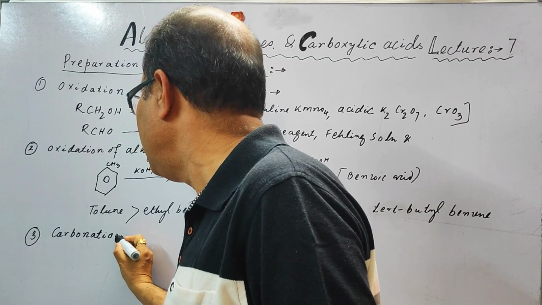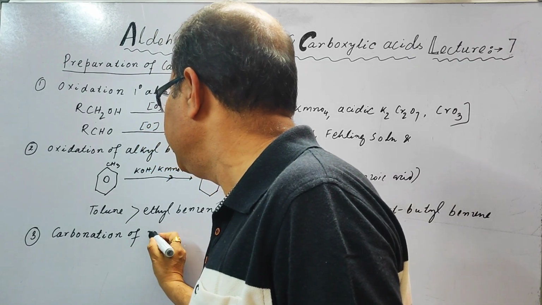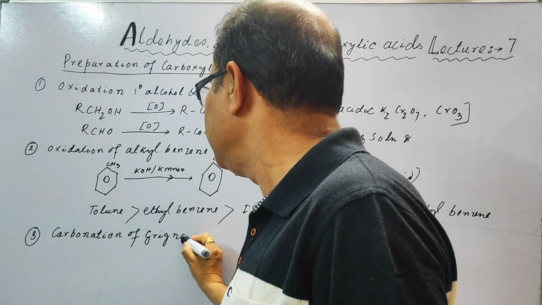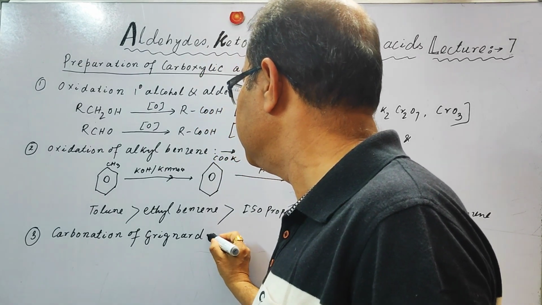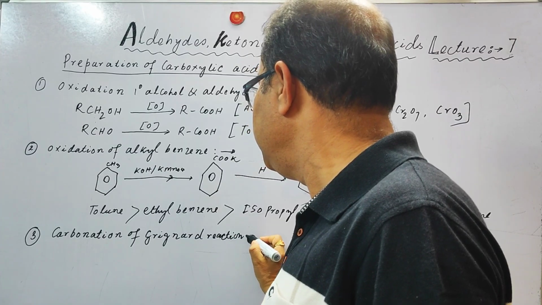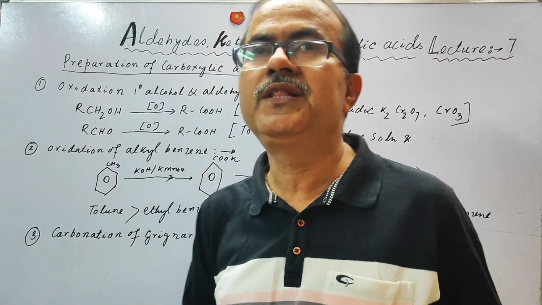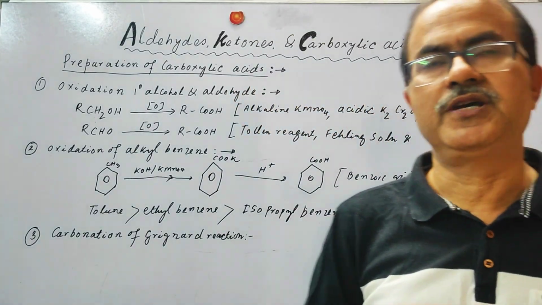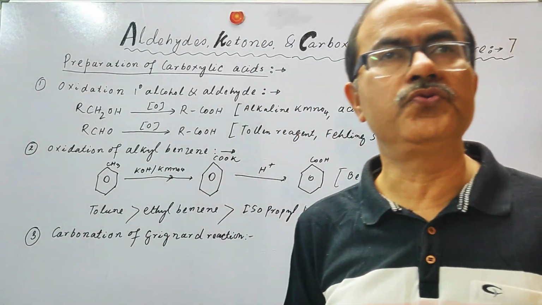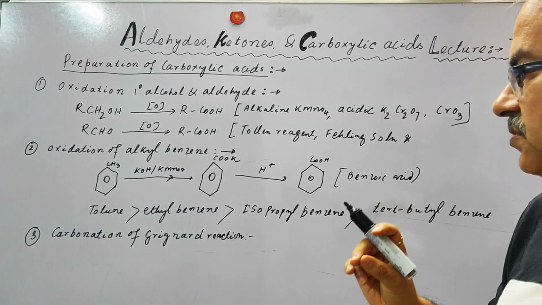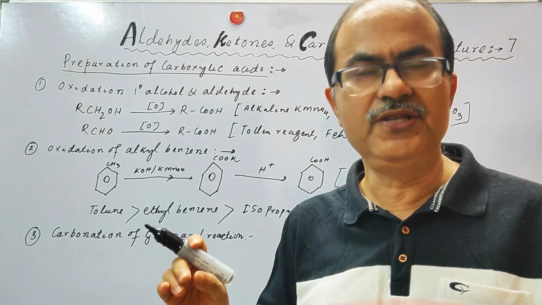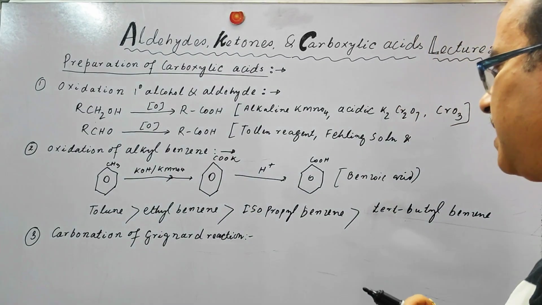Here the Grignard reagent is reacted with dry ice, that is carbon dioxide, and it is going to produce the carboxylic acid after hydrolysis.